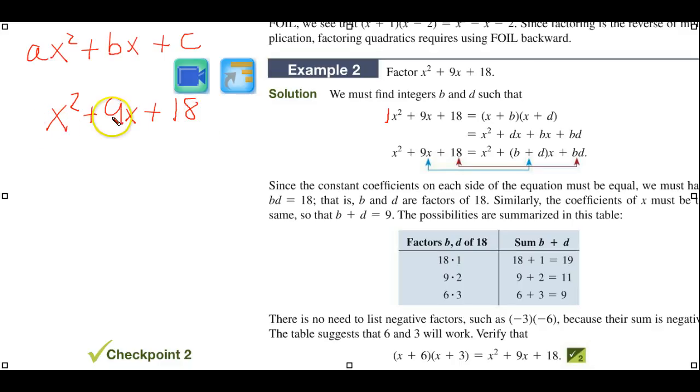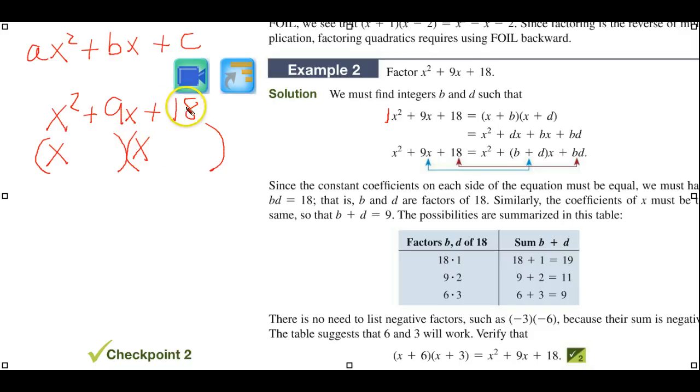Are there any common factors? And the answer is no. So then we put two sets of parentheses because we want to undo the FOIL. Now in our first position, what could go there? Well, only the x. So we get started on the path of factoring this.